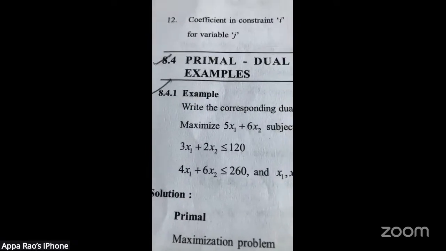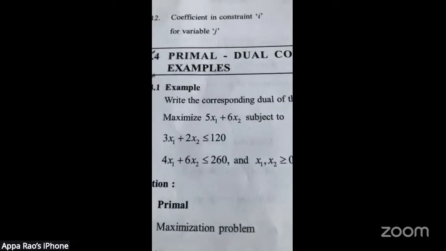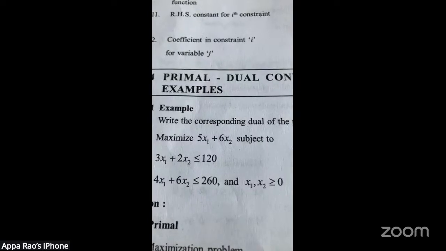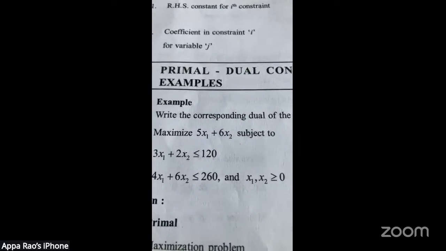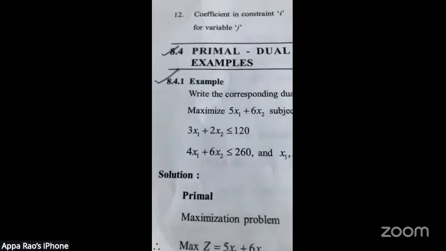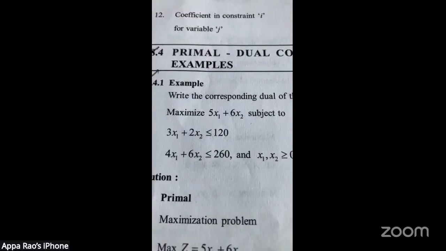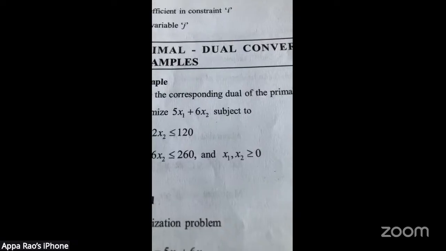So once again, I'm reading the question, example 8.4.1. Write the corresponding dual of the primal: maximize 5x1 plus 6x2 subject to 3x1 plus 2x2 less than or equal to 120, 4x1 plus 6x2 less than or equal to 260, and x1, x2 greater than or equal to 0.